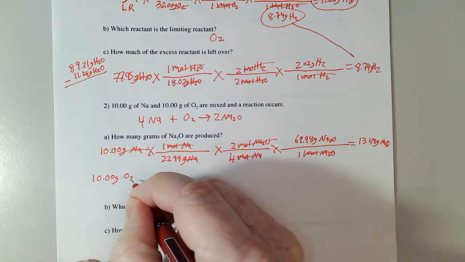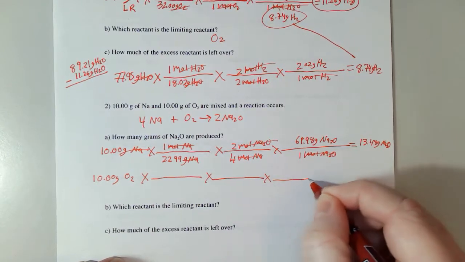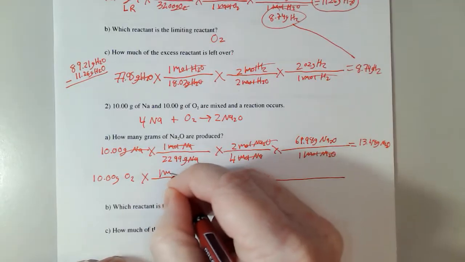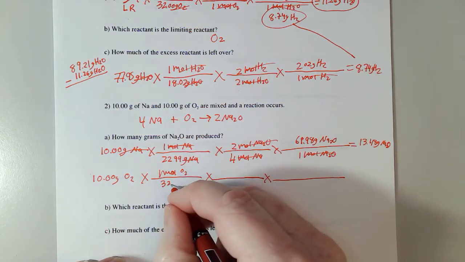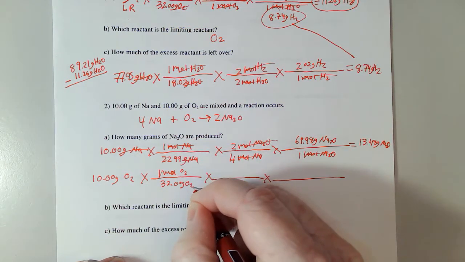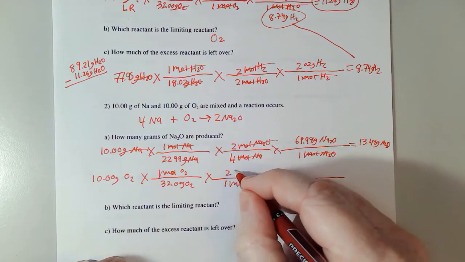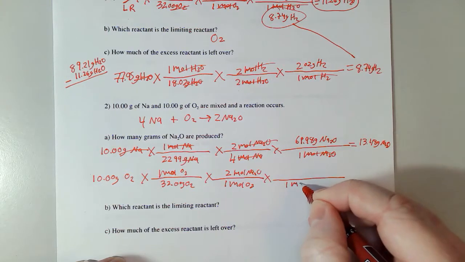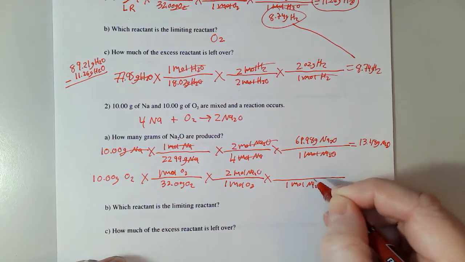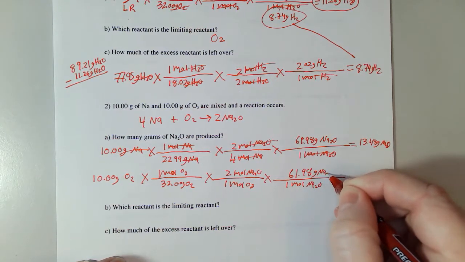10.00 grams of O2 times 1 mole of O2 is 32.00 grams of O2. 1 mole of O2 gives me 2 moles Na2O. 1 mole Na2O is 61.98 grams Na2O.